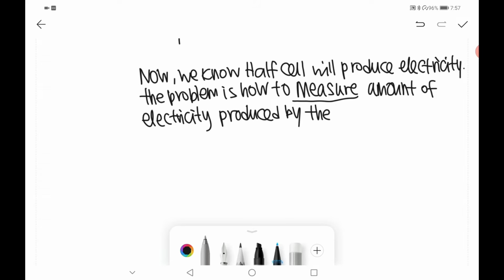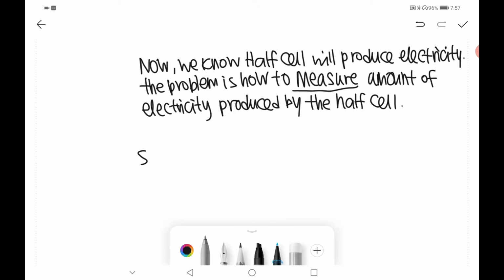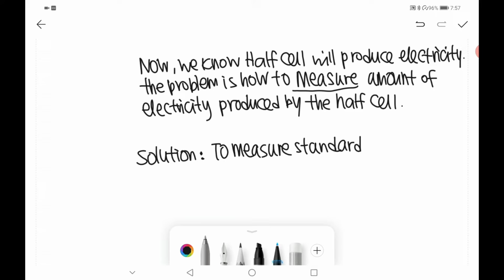So we know already the half cell produces electricity, but how much? So this is the solution. In order to measure the standard electrode potential, recall back, what is standard electrode potential?